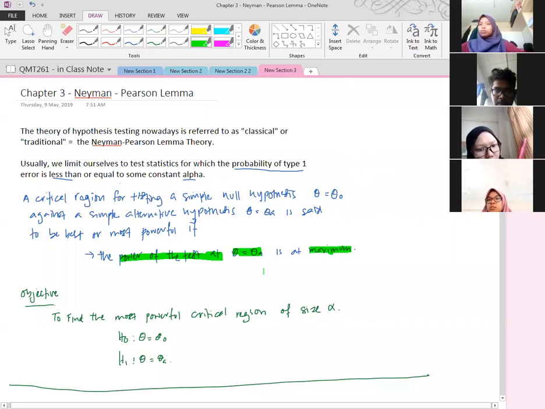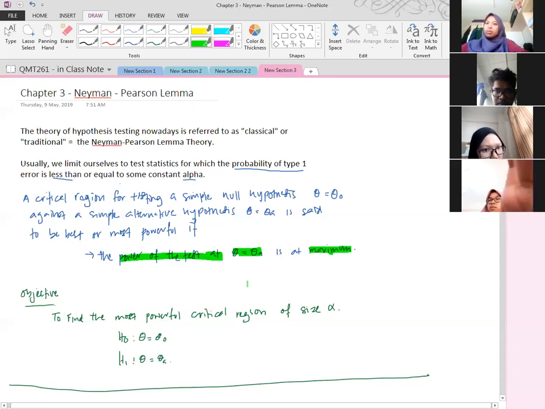So we want a maximum value of power of the test to indicate that the critical region is powerful, right? This is actually the last topic for chapter number 3.